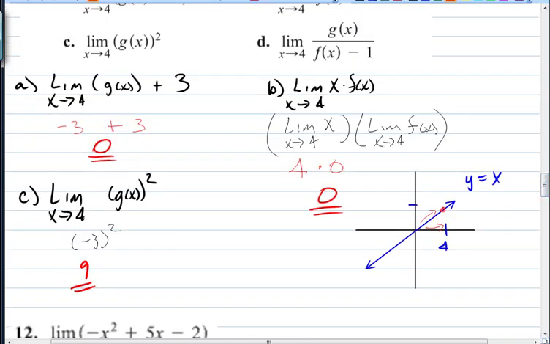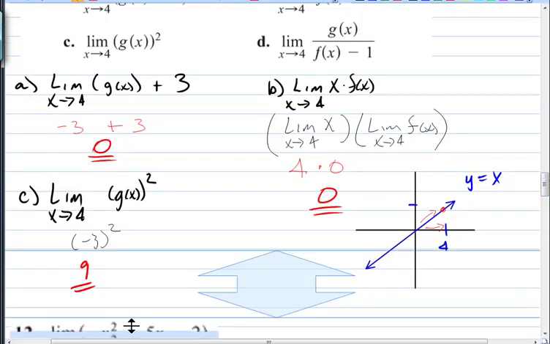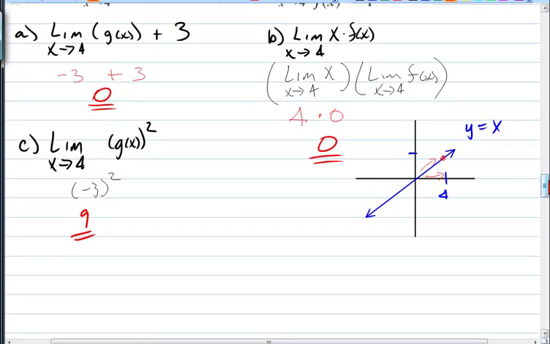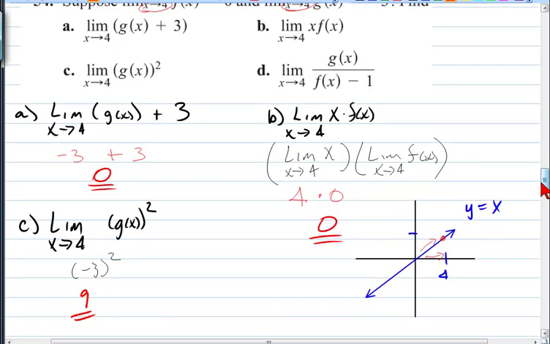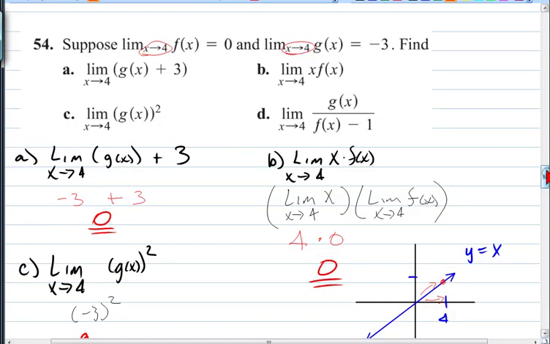Part D. I'm going to get more room here. The limit as x approaches 4 of g of x over f of x minus 1. What is g of x? The limit as x approaches 4 of g of x. So this is going to be negative 3 over, what's just the limit as x approaches 4 of f of x? 0. And then here's a constant, minus 1.